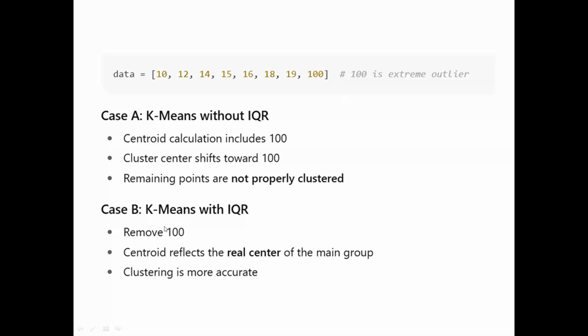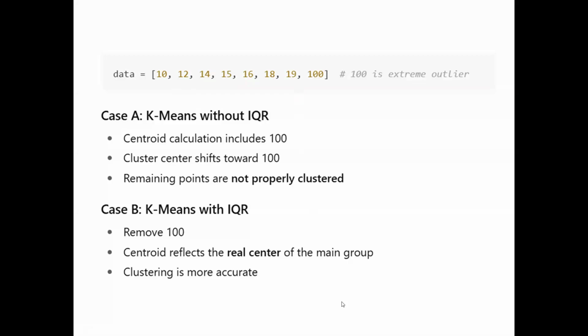Case B is k-means with IQR. Then 100 will be removed, the remaining data will be passed to the algorithm, and the actual genuine cluster centroids will be created. Depending upon those genuine cluster centers, multiple clusters will be formed.